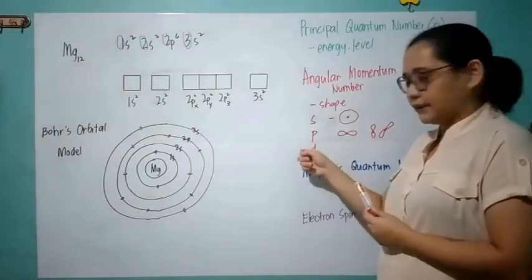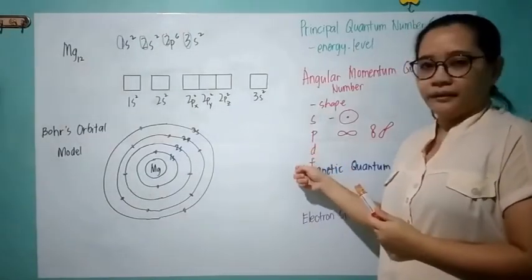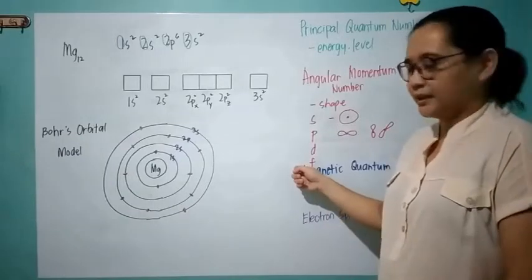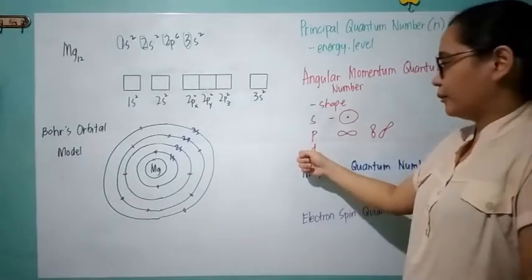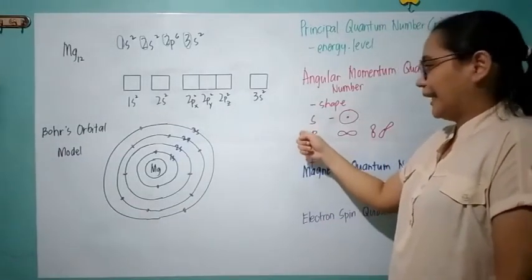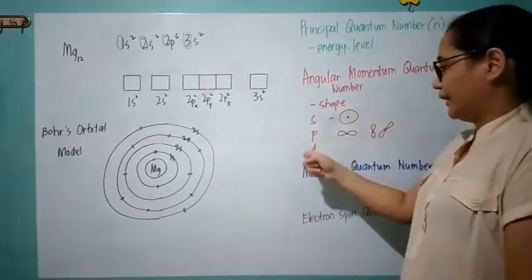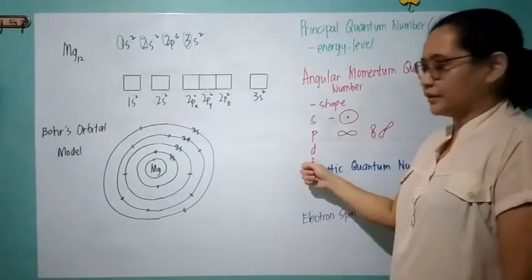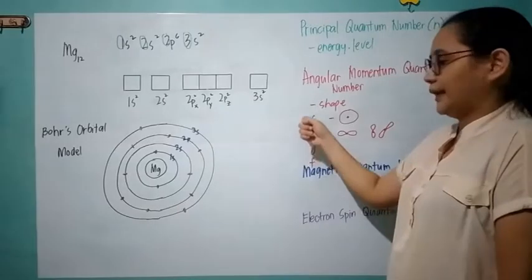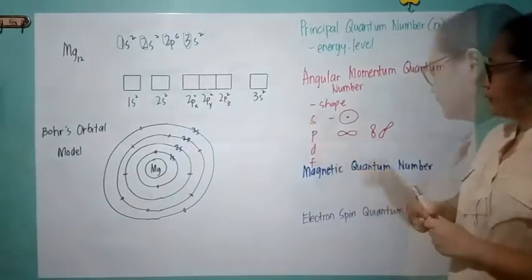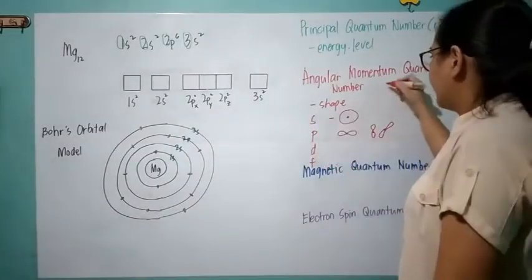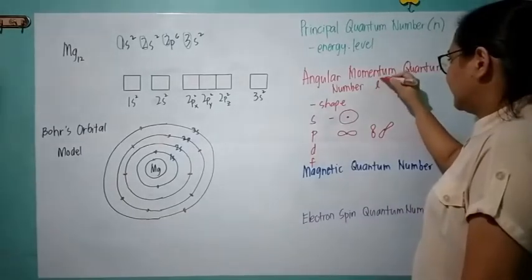While d and f are complicated shapes. D is a combination of p and s, while f is a combination of d, p, and s. Angular momentum can be represented as l.